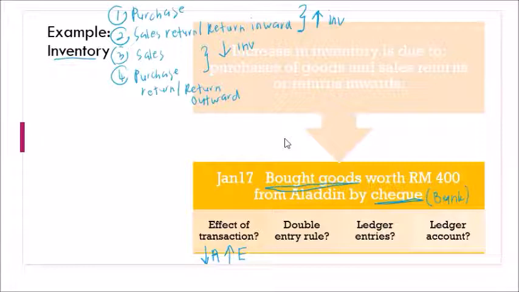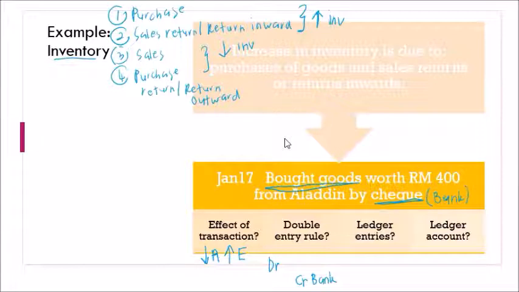So what are the double entry? So when asset is reduced, it is on the credit side. So what is reduced? Bank. So your money in the bank is reduced. So what is on the debit side? Expense.